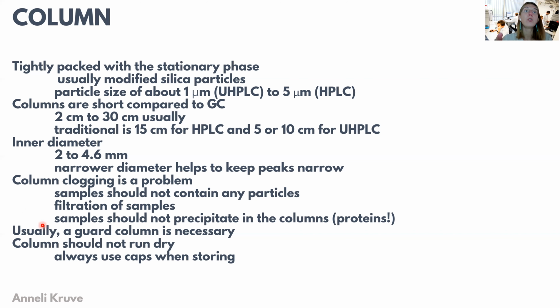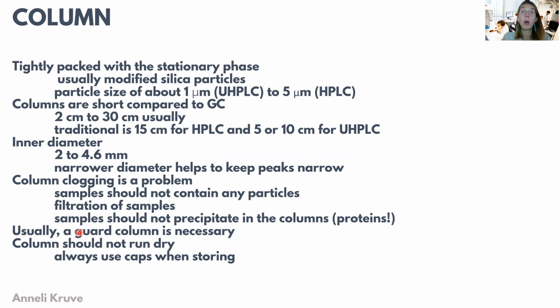And in order to avoid any kind of unexpected clogging, usually the actual analytical column is equipped with a pre-column, which is usually very, very short. It may be just a few millimeters, and it has also much larger particles. But if there is something that could theoretically clog the analytical column, then it first actually clogs the guard column, and this guard column can be very easily replaced.